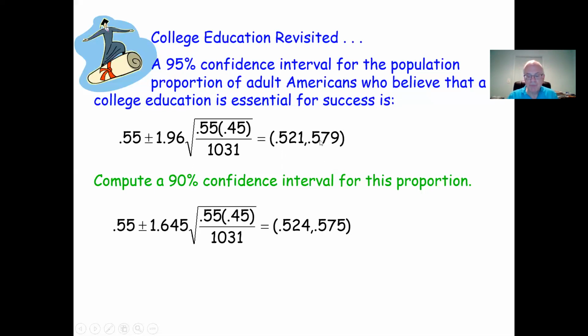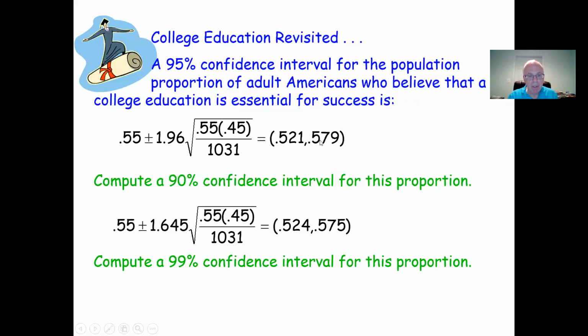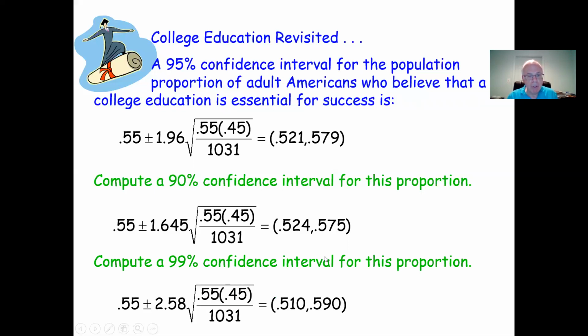Okay, for a 99% confidence interval, your critical value is 2.58 now, and it's an even wider interval. So this is the general rule: as your level of confidence increases, the length of your interval becomes wider.